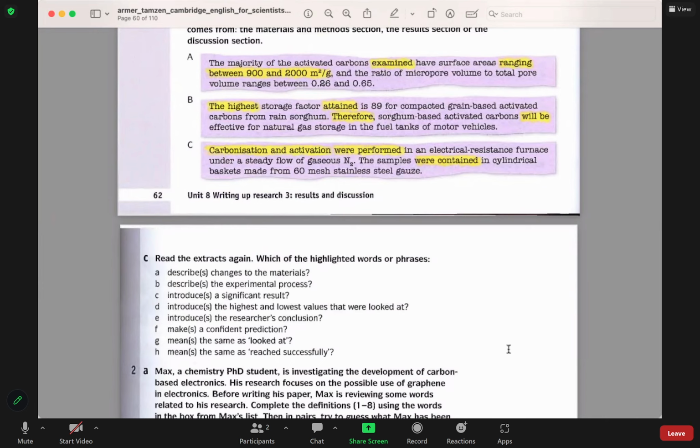Okay. Introduce a significant result. Attained, maybe. The highest, yeah, significant, like the highest. Introduce the highest and lowest values that were looked at. It's ranging between. Okay. And describe changes to the materials. What happens? Yeah, it's carbonization and activation.